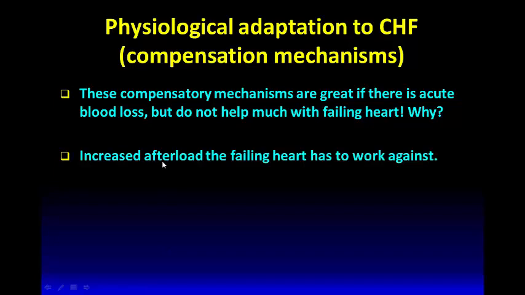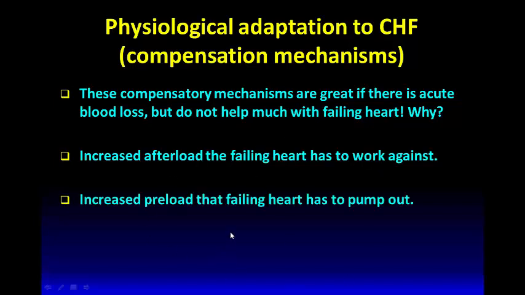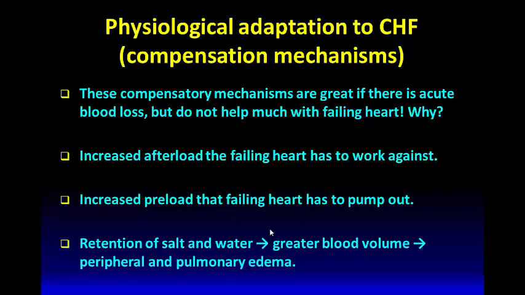Because of the increased afterload, the failing ventricle has to work against, and because of the increased preload that the failing ventricle has to pump out, and because of the retention of salt and water. The retention of the salt and water increases blood volume, as we mentioned, and this might precipitate peripheral and pulmonary edema.